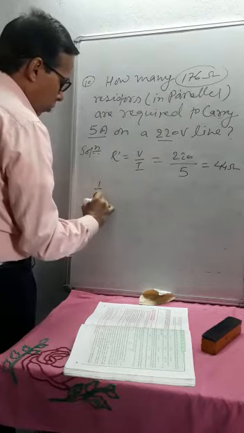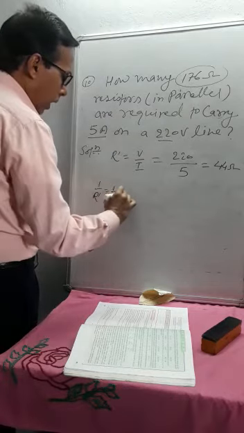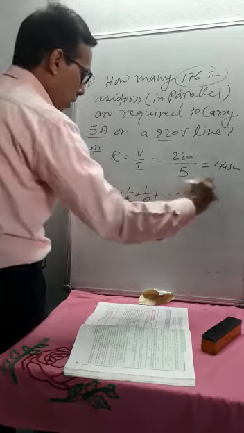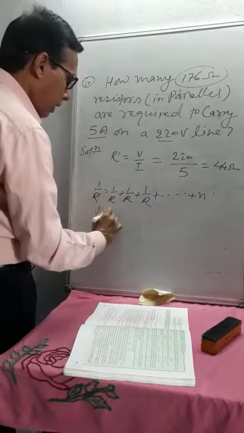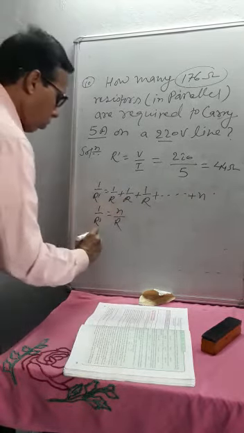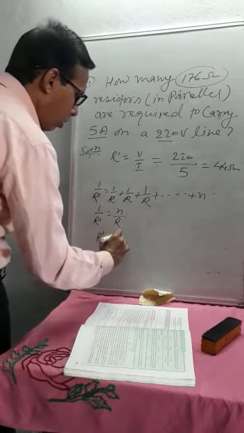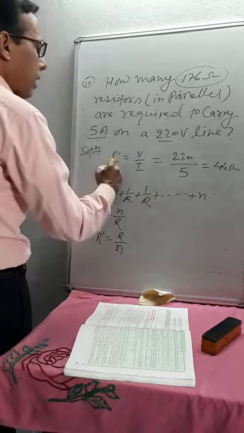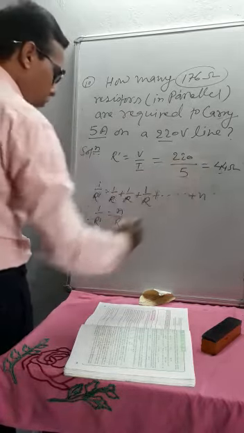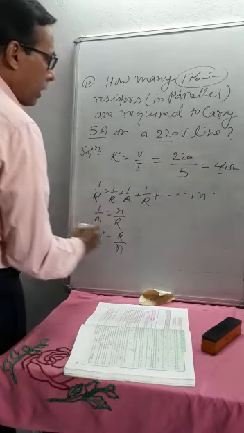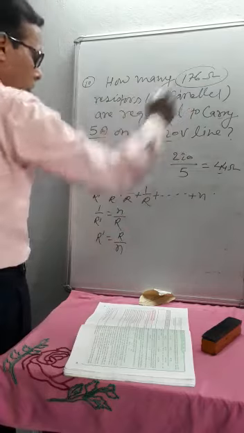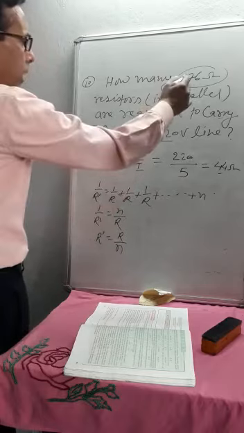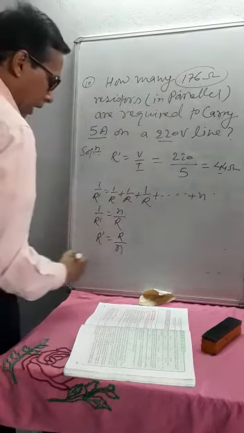So here 1 by R dash is equal to 1 by R plus 1 by R plus 1 by R plus dot dot plus n terms. So 1 by R dash is equal to n by R. So R dash is equal to R by n. Now the value of R dash is 220 by 5, that is 44, and R is 176 ohm. We have to find how many resistors of 176 are combined in parallel.